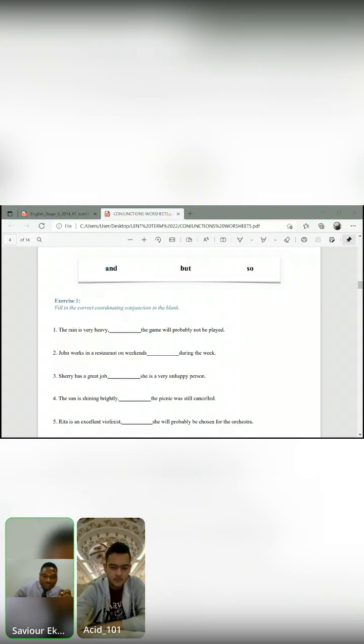If it was the sun shines brightly, but the picnic is cancelled, that would have been both of them in the same tense. But in this case, we have present continuous in the first clause, and simple past in the other clause, which shows that there is no parallel structure in that sentence.